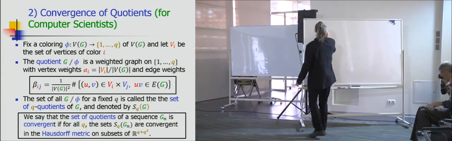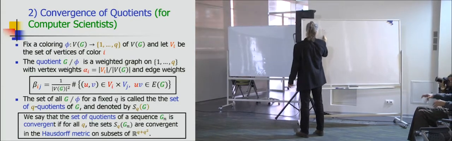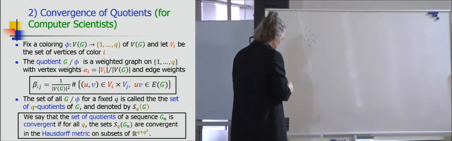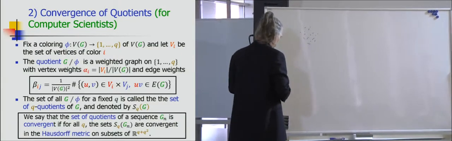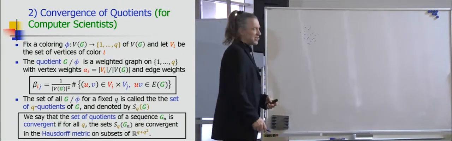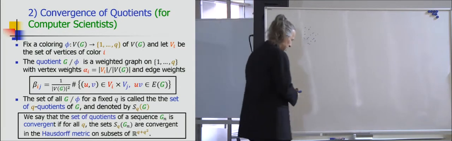So I have this set of quotients, and I want to say that this set of quotients converges, and as the number of vertices becomes larger, this set becomes larger and larger.